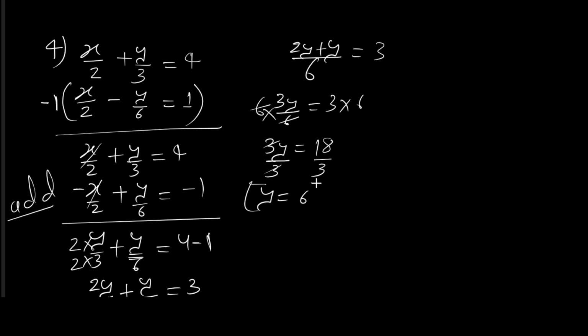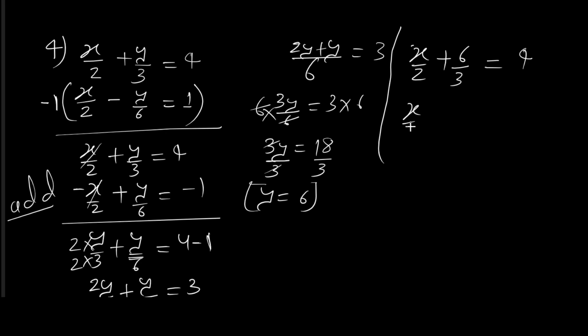This is our solution. Now for finding the value of x, we have to put this y equals 6 into the first equation. So we have our first equation, which is x over 2 plus y over 3, which means 6 over 3, equals 4.